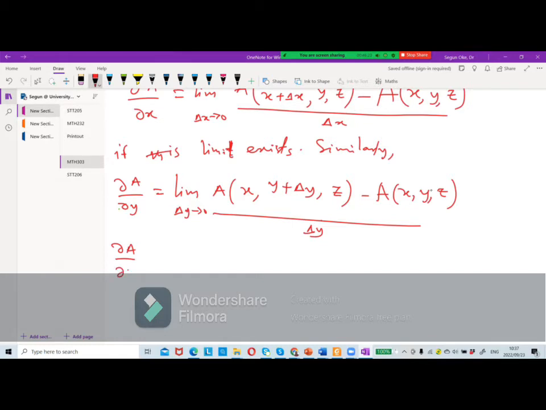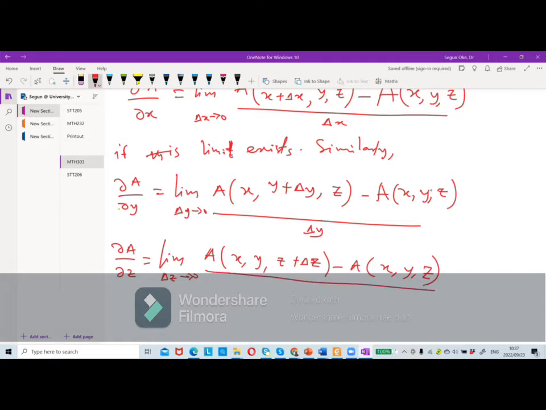Okay, so for the last one, we have z. It's the same thing: the limit as change in z tends to 0 of A of x, y, z plus change in z, minus A of x, y, z, divided by change in z.